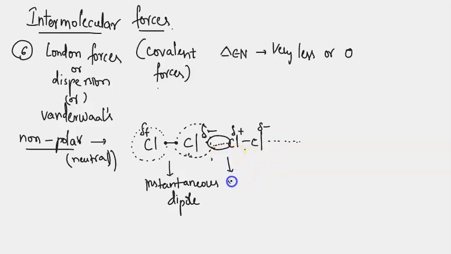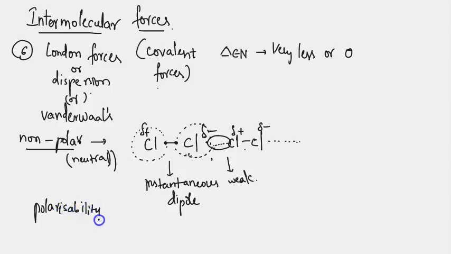Such weak attractive forces between non-polar molecules are called London forces, dispersion forces or van der Waals forces. The magnitude of these London forces depends mainly on a factor called polarizability.